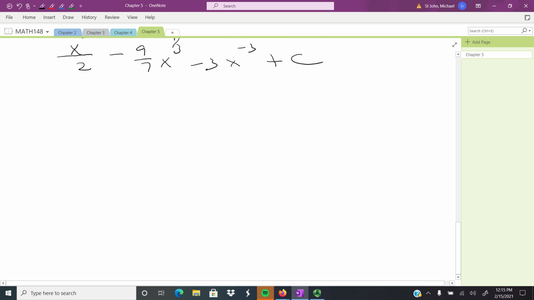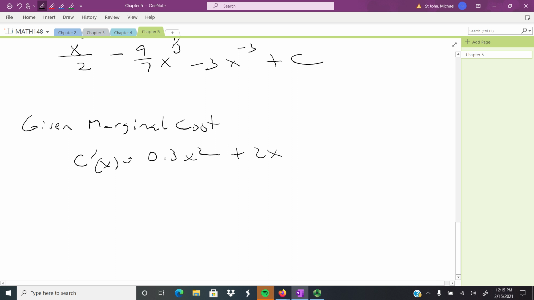So then in terms of a business example, so given that the marginal cost, so c prime, was 0.3x squared plus 2x, then c of x would be the integral of my derivative.